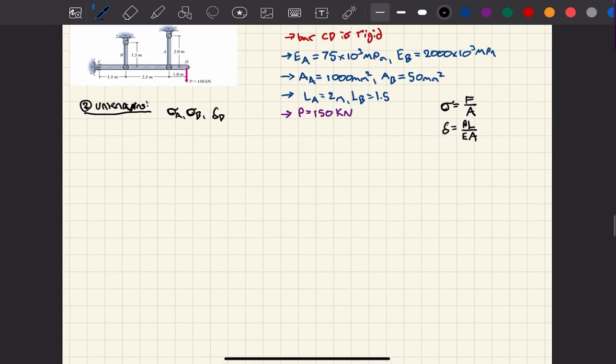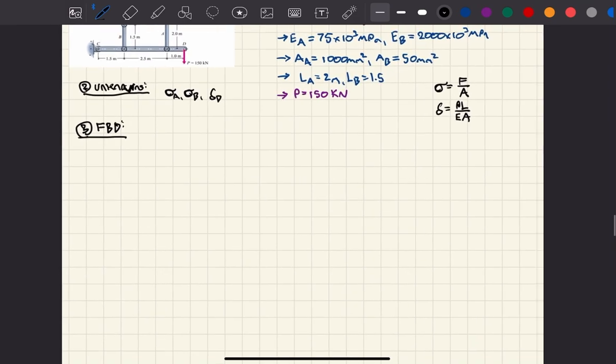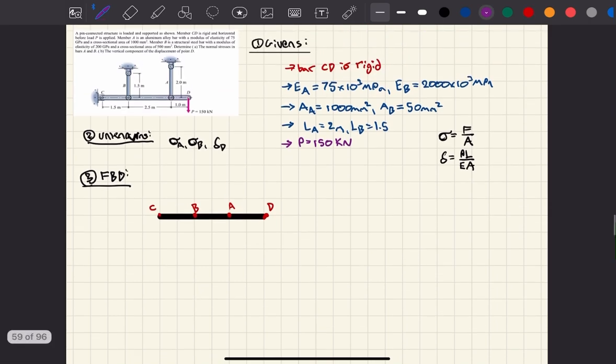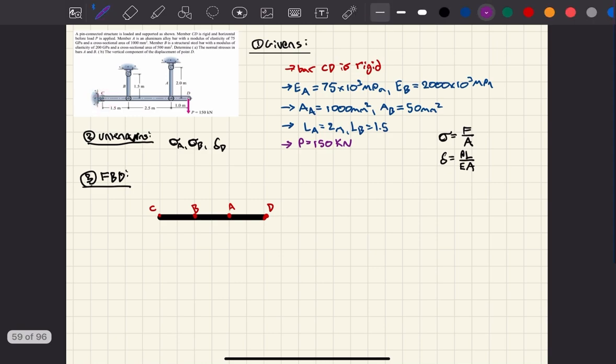Okay, we can move on to our free body diagram. Our bar looks like so. We have our points D, A, B, and C. I notice C is a pin connection, so I'm going to have an X and Y component, CY and CX.